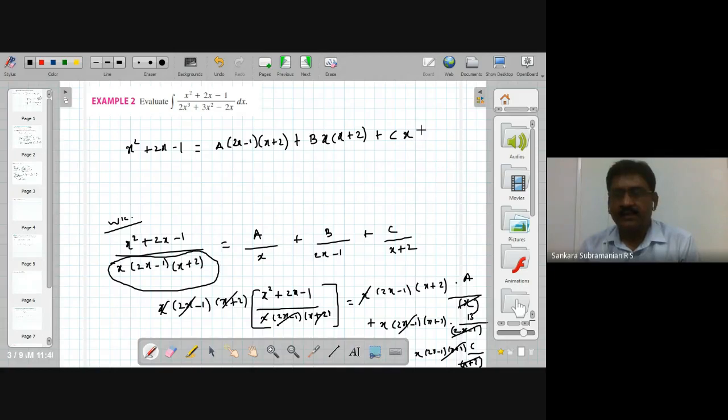Okay, this is the last equation. So finding A, B, C is the process actually.